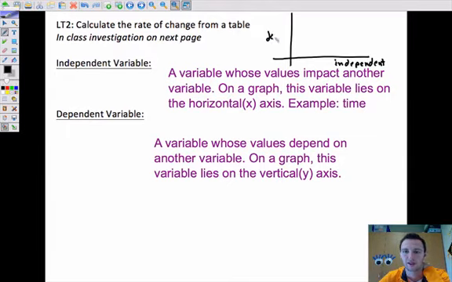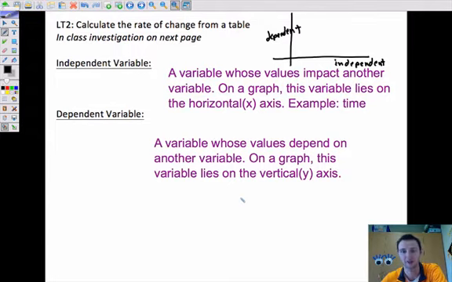So this is our dependent variable up here on the y-axis. A dependent variable can be something like distance. In our last video, it was distance from the classroom. Or in the example in class from block day, it was the distance to the finish line in my race with Mr. Dunn.